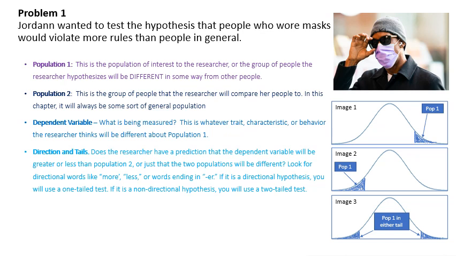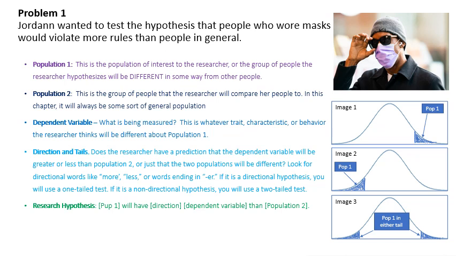If it's a directional hypothesis, you'll use a one-tailed test. If it's non-directional, you'll use a two-tailed test. And you can see the one-tailed test with a high hypothesis is in image 1, with a low hypothesis is in image 2, and image 3 has a two-tailed test.